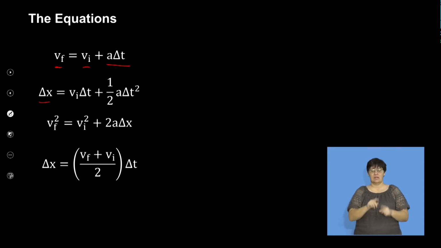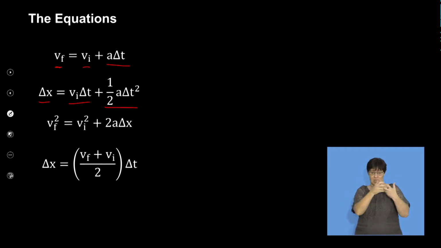Delta X equals VI delta T plus a half A delta T squared. We don't always like using that equation because of the square, but you know what? Look at the information you're given and then decide on the equation. So don't decide right now that you're not going to use an equation because you don't like what it looks like. It all depends on the information.